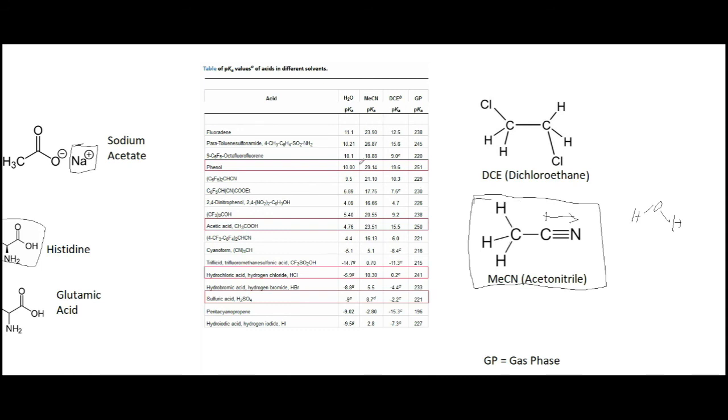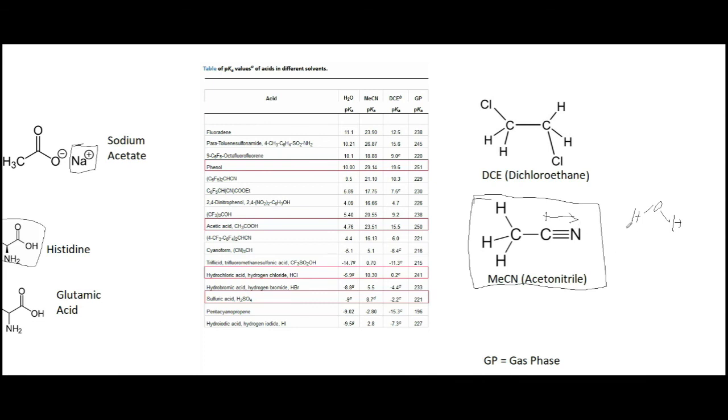And so what we see is our phenol goes from a pKa of 10 to a pKa of almost 30. When it's in something more hydrophobic, it's not going to want to lose its hydrogen as readily, because in a hydrophobic environment the charge is effectively stronger.